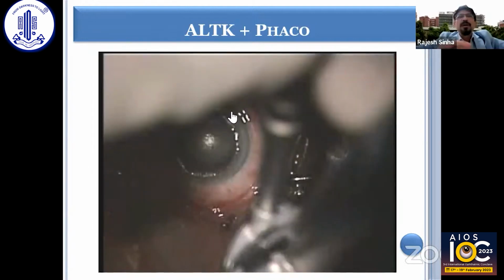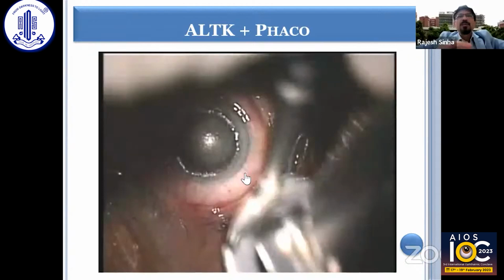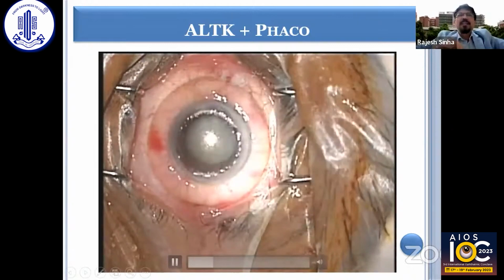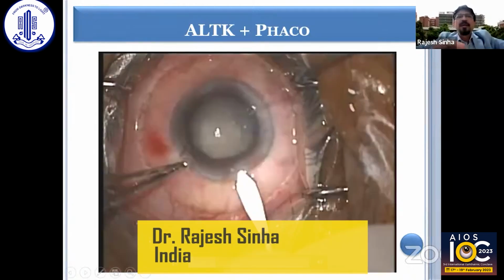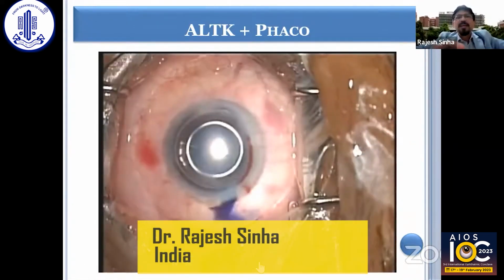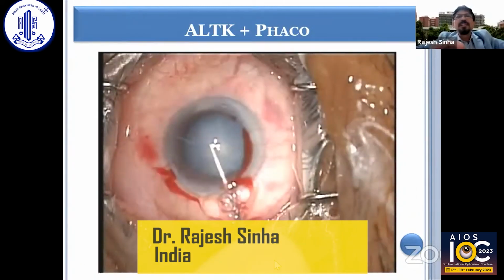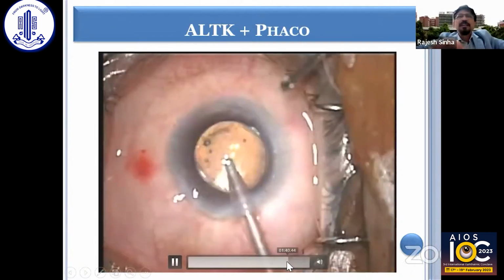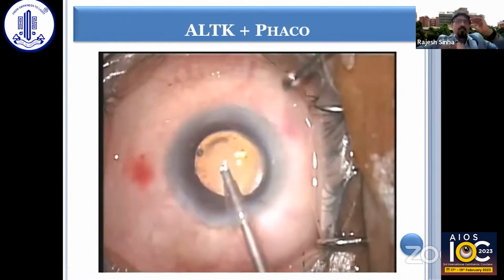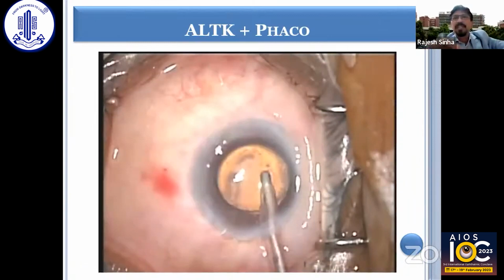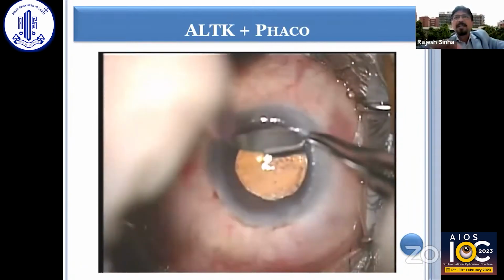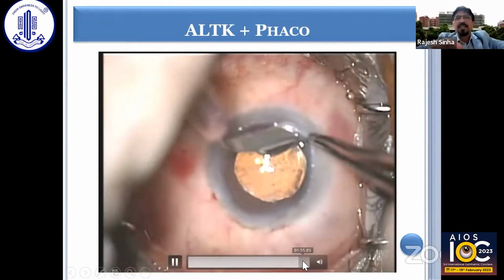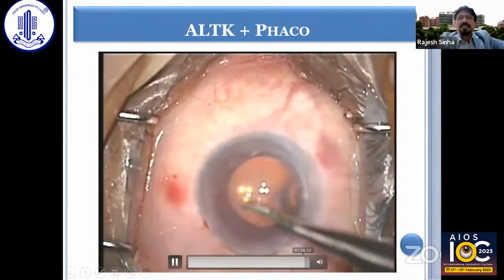Once you remove the opacity, to improve visualization, you can go ahead and complete the cataract surgery and place the intraocular lens under very good direct visualization, and then replace the removed tissue with a donor lenticule of similar thickness. That is how we perform the anterior lamellar keratoplasty in these cases.